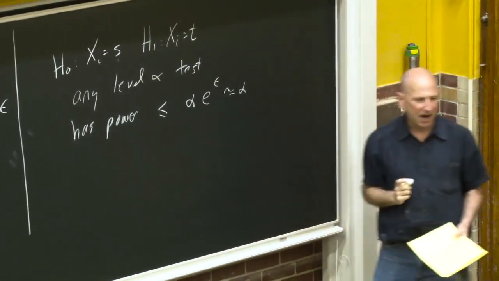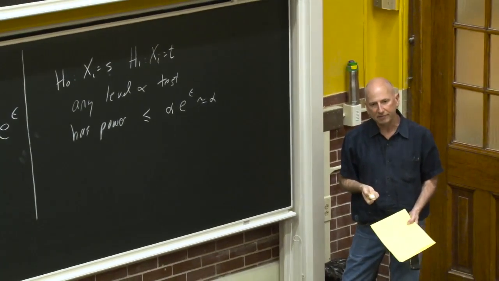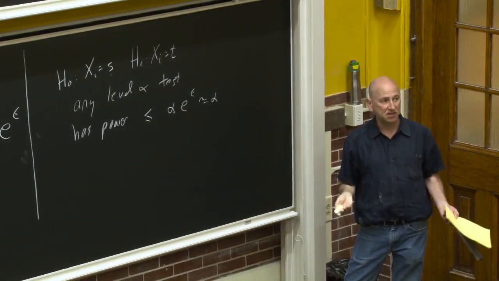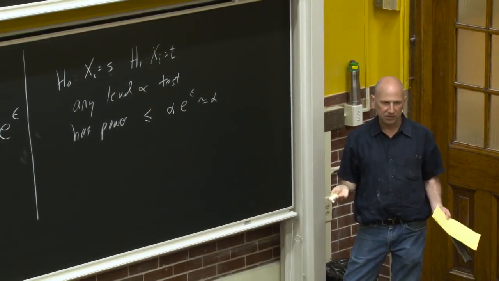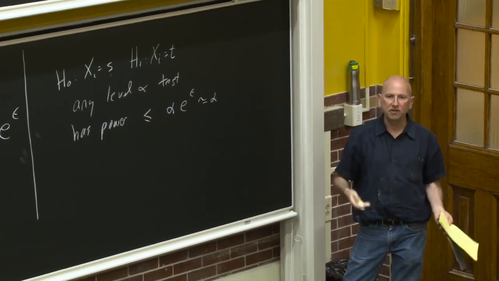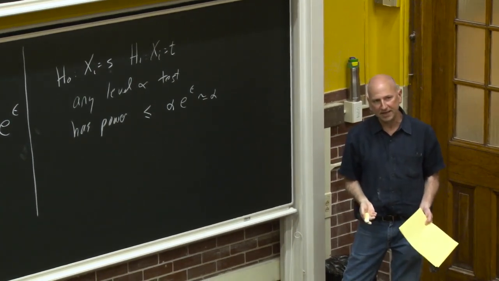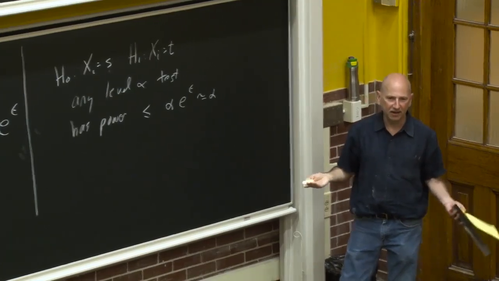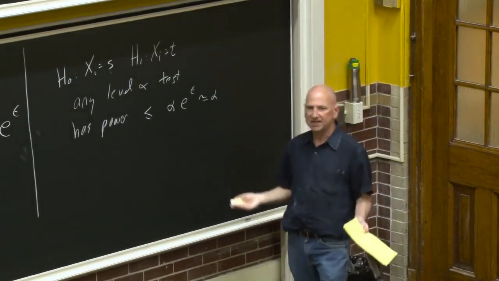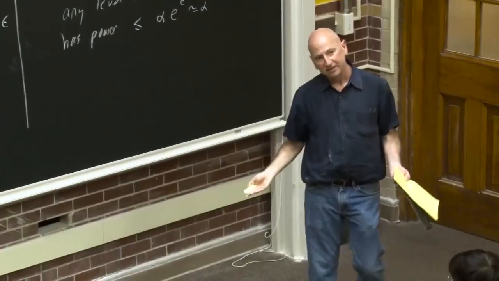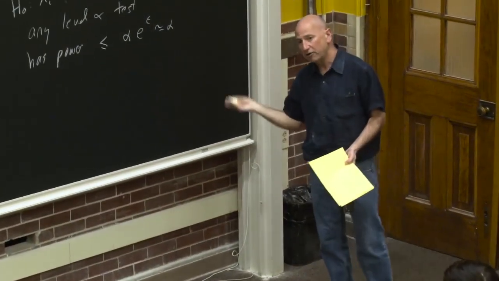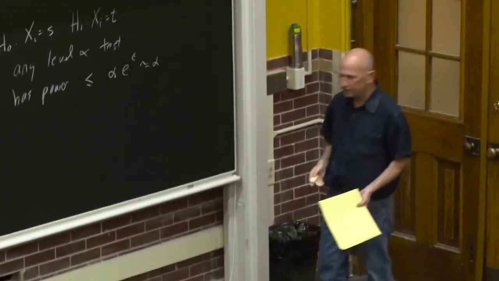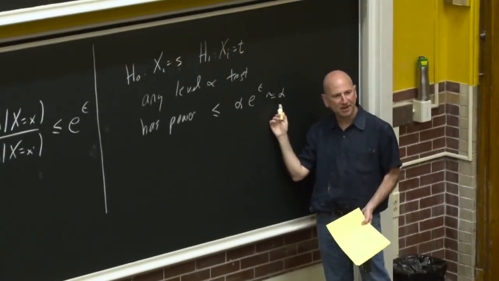In other words, the power is pretty close to the type 1 error, which means it's a useless test, right? Because you can always just flip a coin that lands heads with probability alpha. That's an alpha level test that has power alpha. For a test to be useful, it has to have power near 1. And the worst case is that the power is the same as the type 1 error.